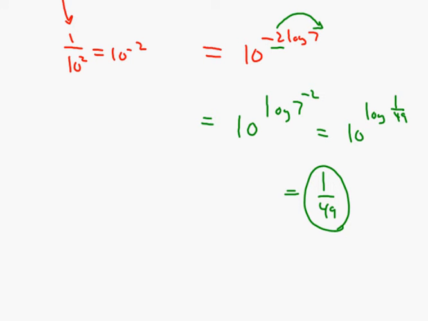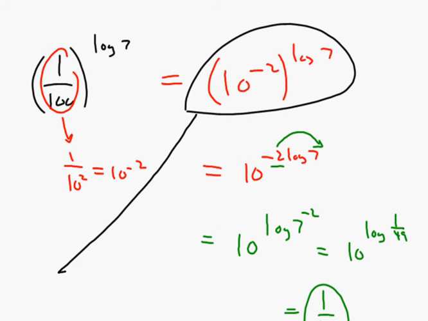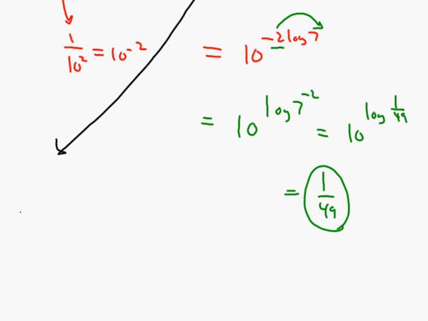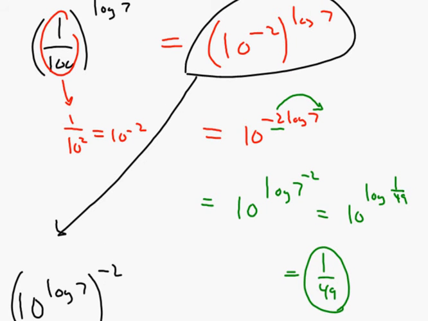It's worth making a comment about that. Let's go back to one part of this problem. We have an option, actually. We could rewrite that as 10 to the log 7 to the negative 2, because we're going to multiply these exponents and we can multiply in either order.